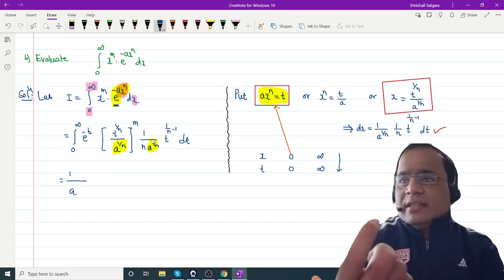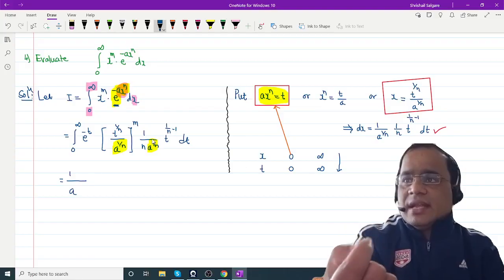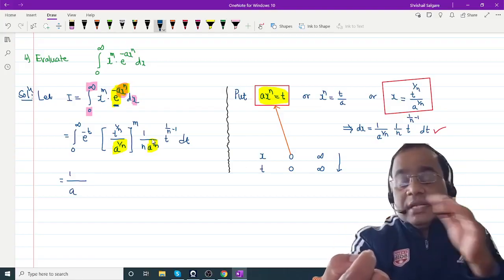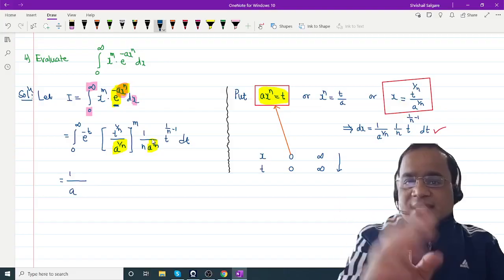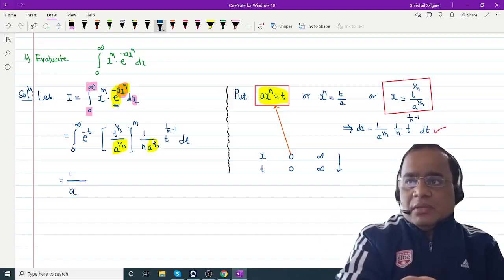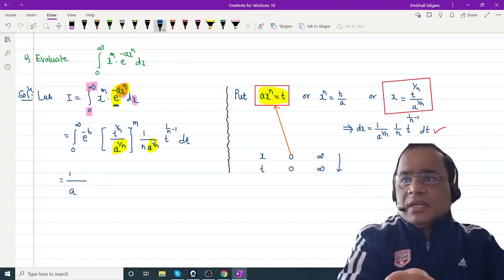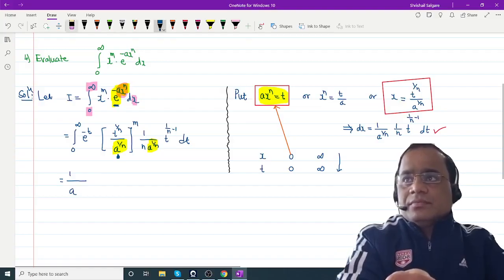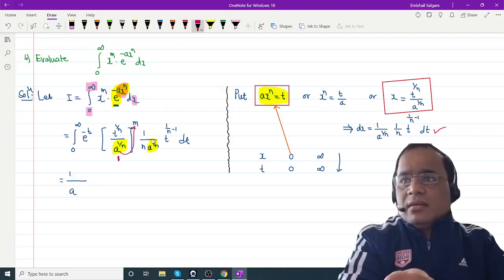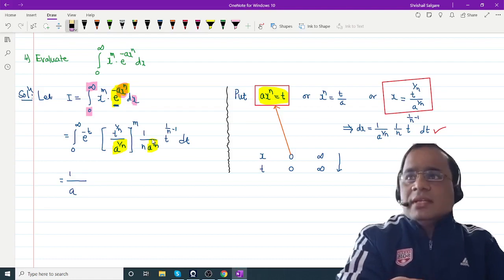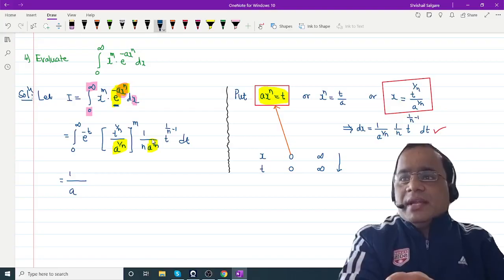I am collecting the terms of a together, and at the same time I am writing that term outside the integral. Base is same, addition of the power. First term is m by n, second term is 1 by n.